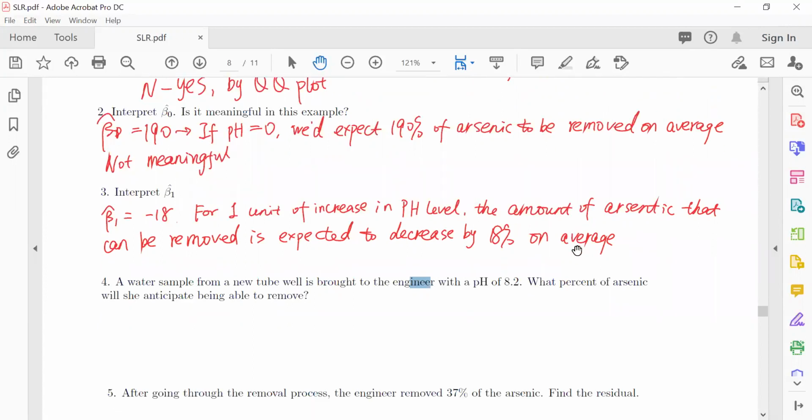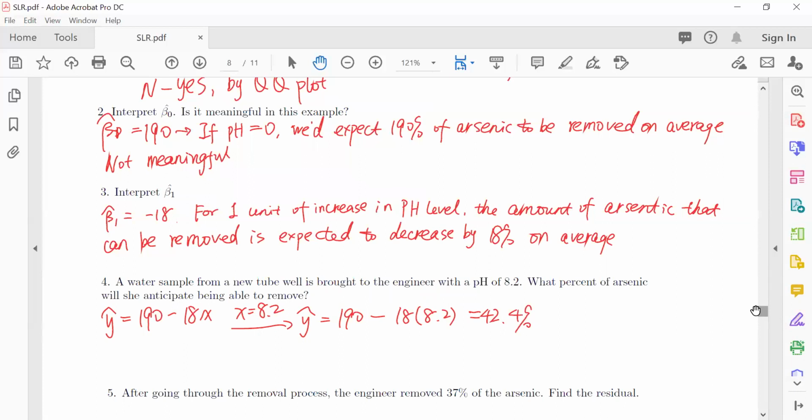So that's question number 3. Question number 4. If I got a sample with pH equal to 8.2, what should our predicted y be? Our predicted model is 190 minus 18x. Now we plug in x equal to 8.2, and we have 190 minus 18 times 8.2, that is 42.4%.